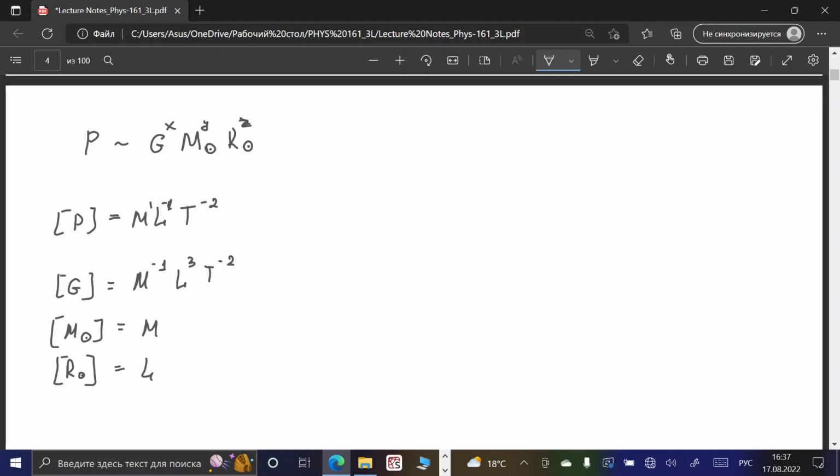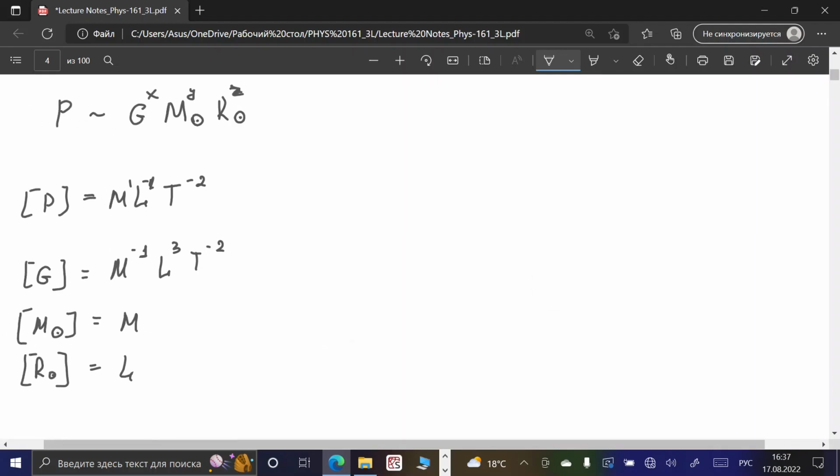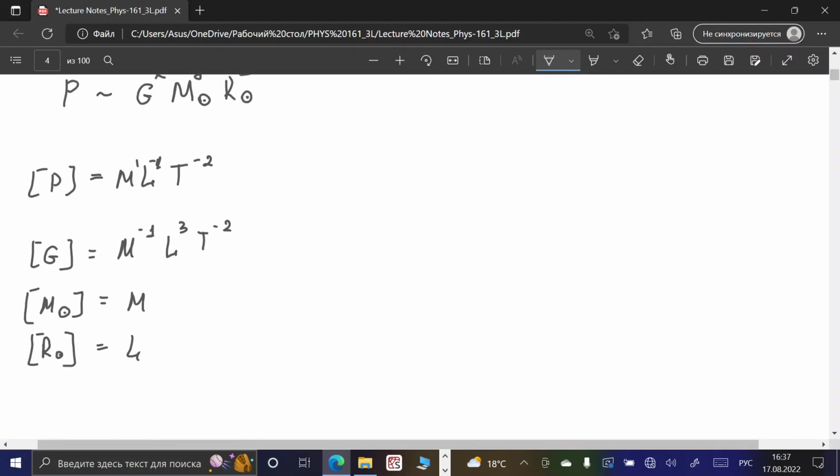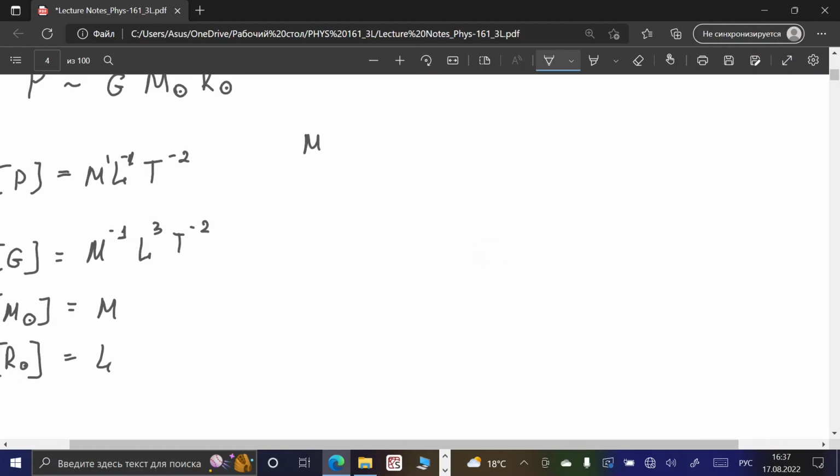So now we can write our dimensional analysis equation. We can equate units, dimensions in the left side of the equation to dimensions in the right side of the equation. So that will be m in the power of 1 times L minus 1 times T minus 2.